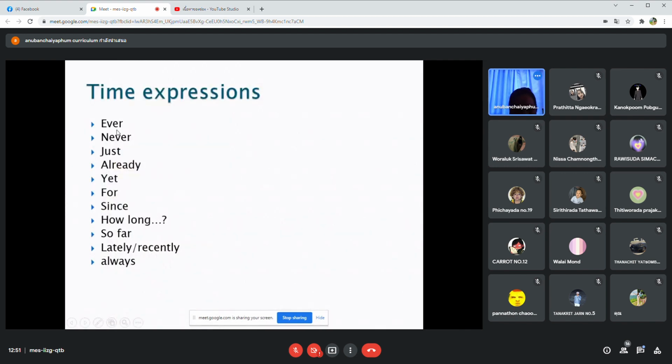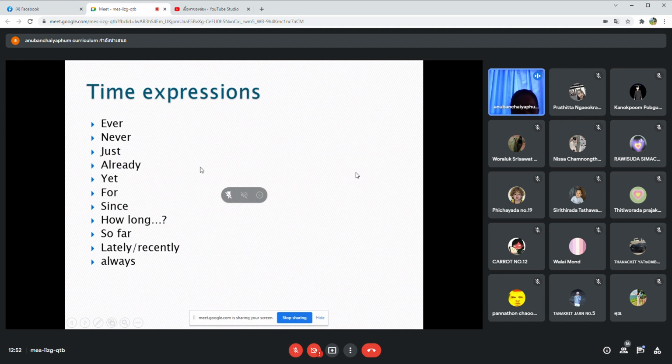Next are the time expressions. Just remember, it's the present perfect tense if you see these time expressions: ever, never, just, already, yet, for, since, how long, so far, lately or recently, and always. So when you see these in a sentence, it means your sentence is in present perfect tense.